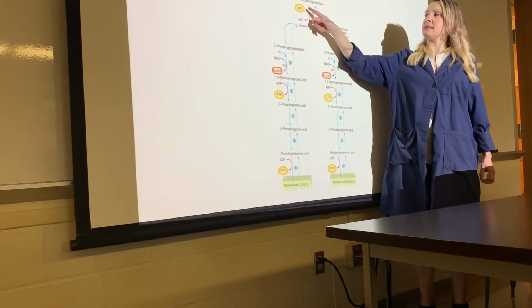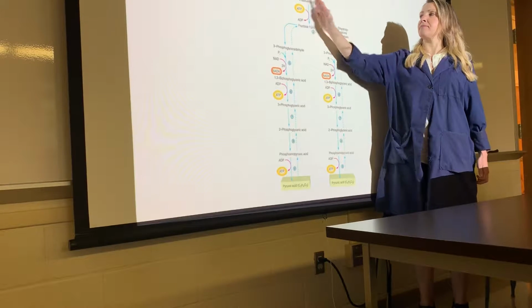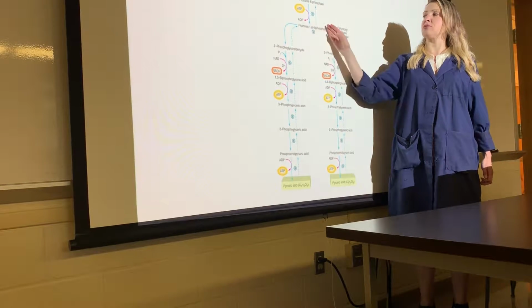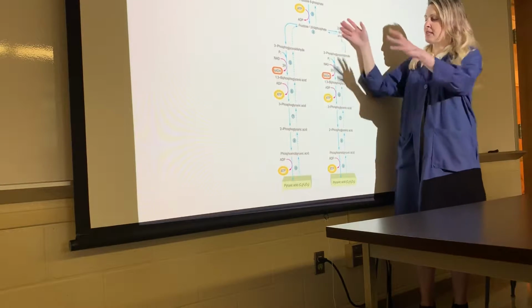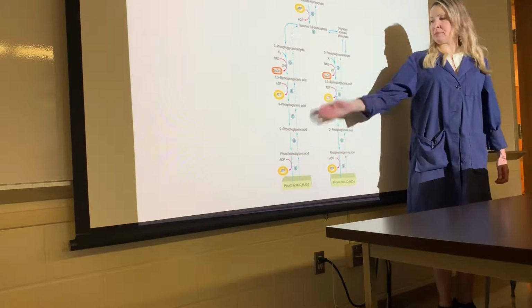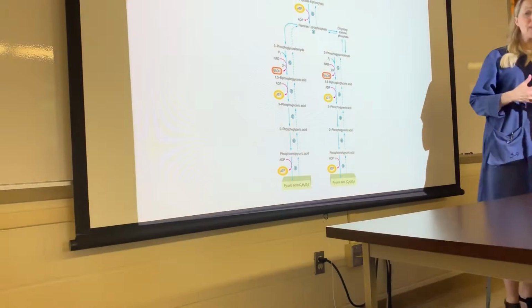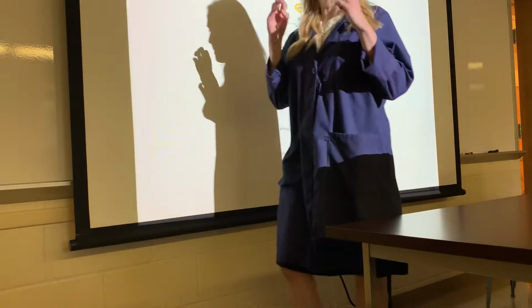So that second ATP's job, that phosphate, is there to make that 6-carbon molecule symmetrical, so that when it's cut in half, we can metabolize it separately in each pathway.